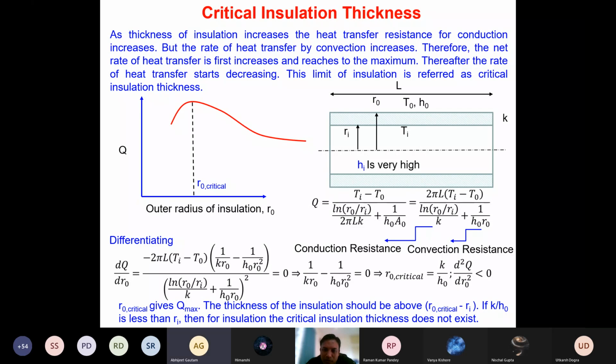Now, the steam is flowing with a very high rate, with some velocity here, and maybe liquid is flowing through this. Because of turbulence, the heat transfer coefficient here is very high. So the convective resistance inside the pipe we can neglect.